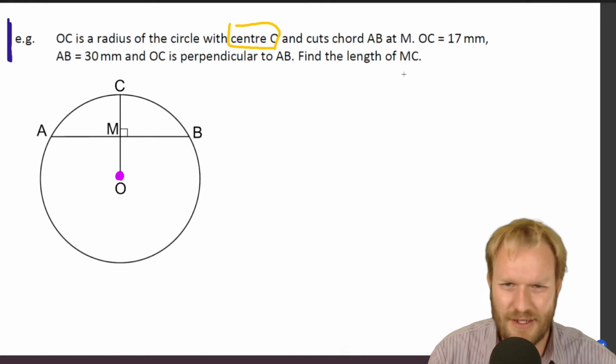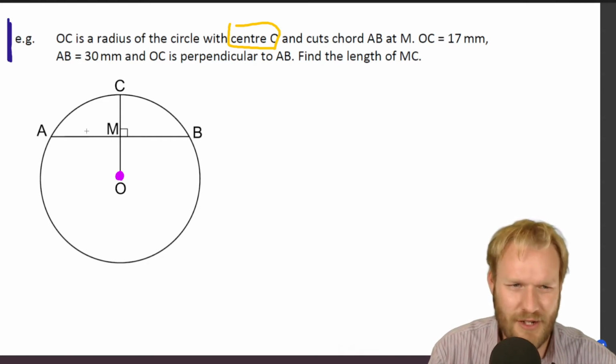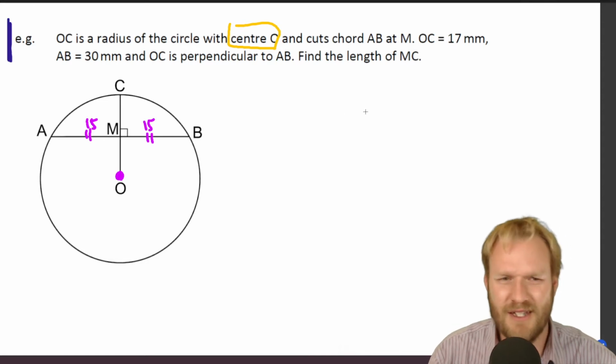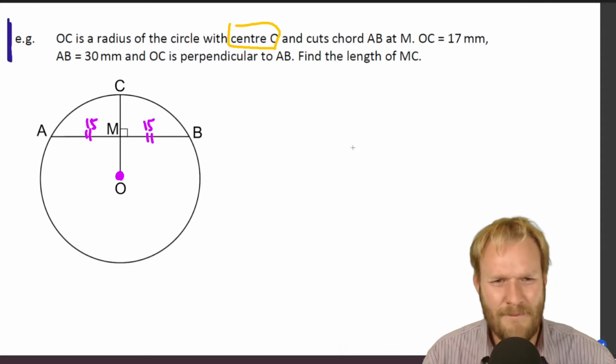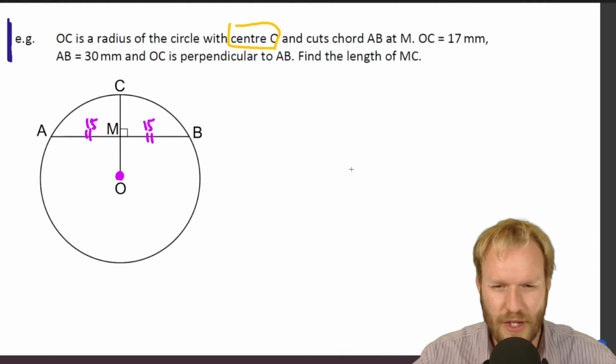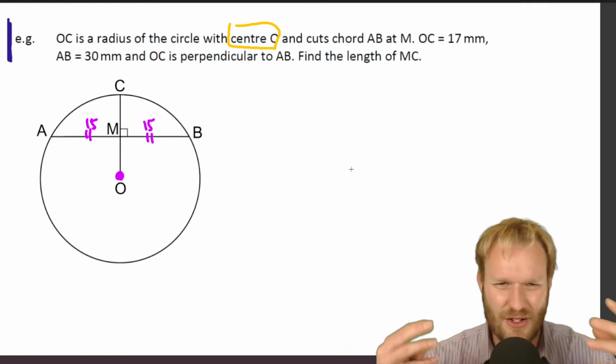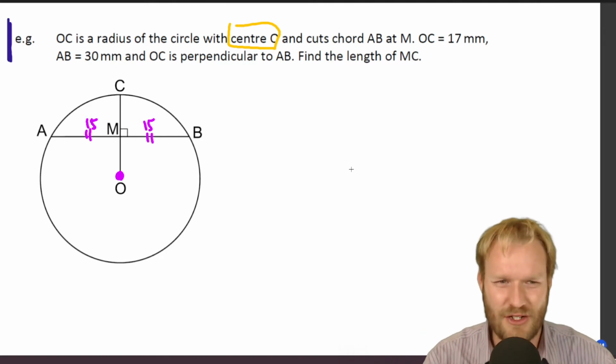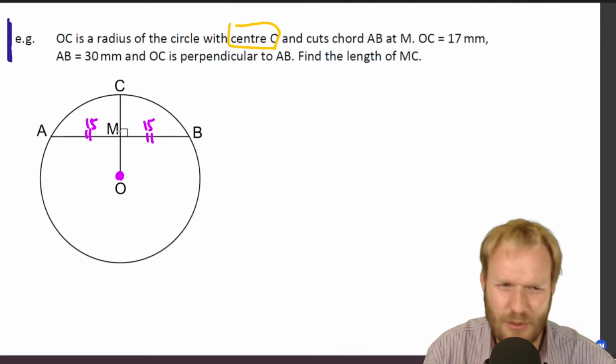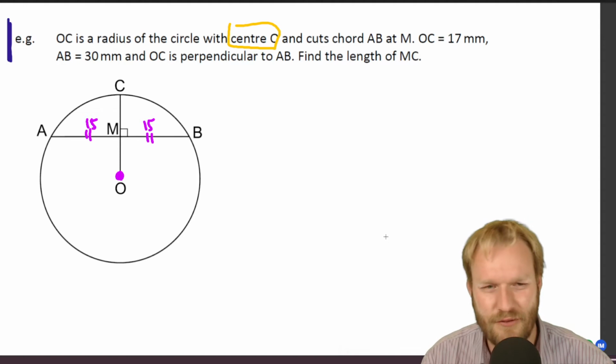The thing that sticks out to me is that if this whole length is 30, I already know that these must be equal, and each of these must be 15. That seems obvious. I'm talking around this a lot more in these first videos because we'll take these strategies for granted later, such as how much you scribble on the diagram before writing everything down.